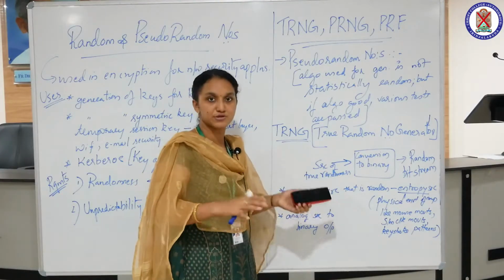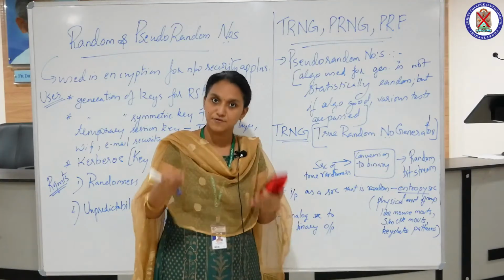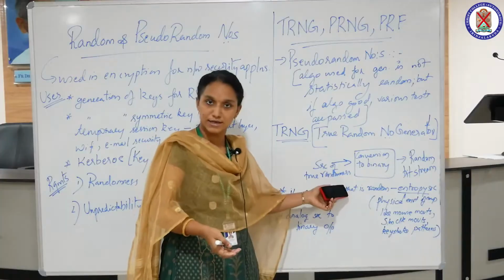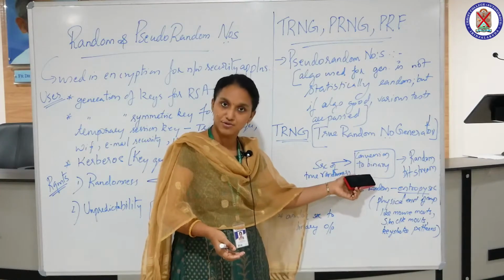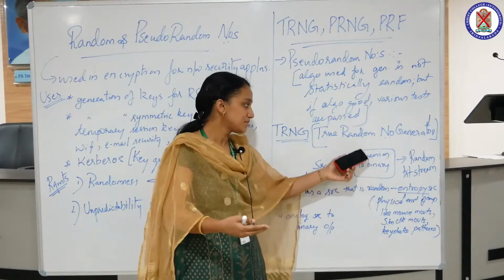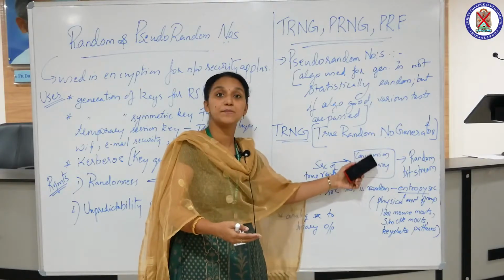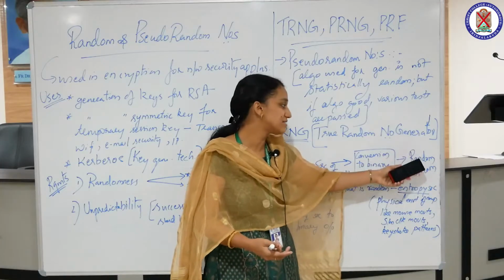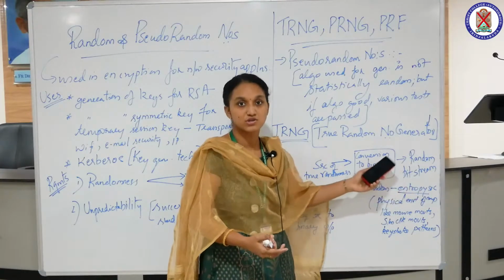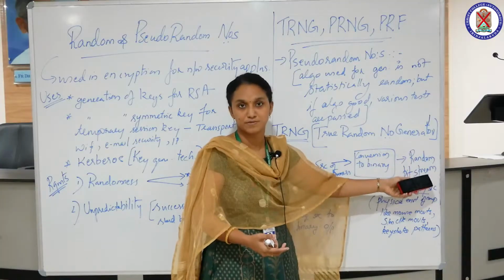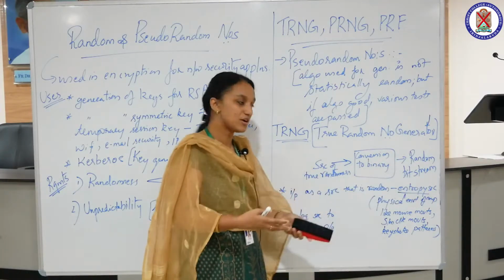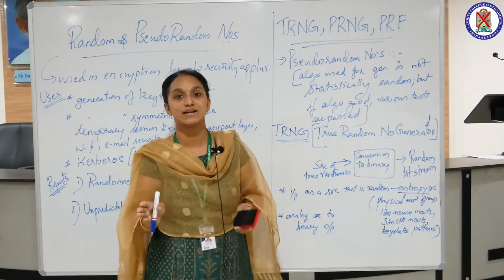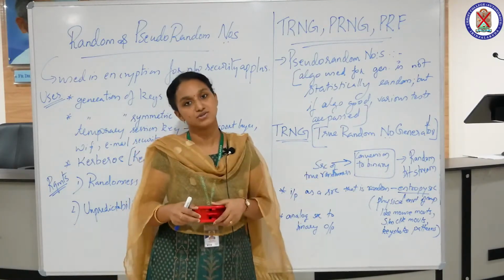We assume it is random, of course, and so a source of true randomness is given as the input. It passes through the generator where it is converted to binary, and ultimately at the other end you have the random bit string. So the binary form is obtained at the other end. In short, analog source to binary output is the process done in a true random number generator.